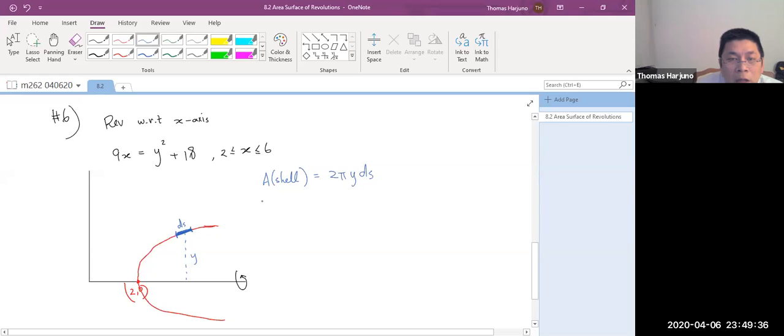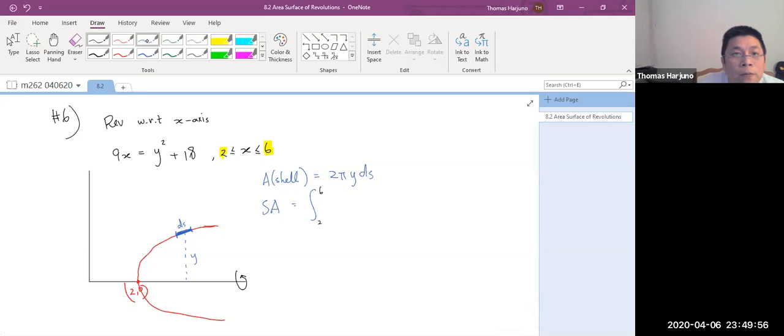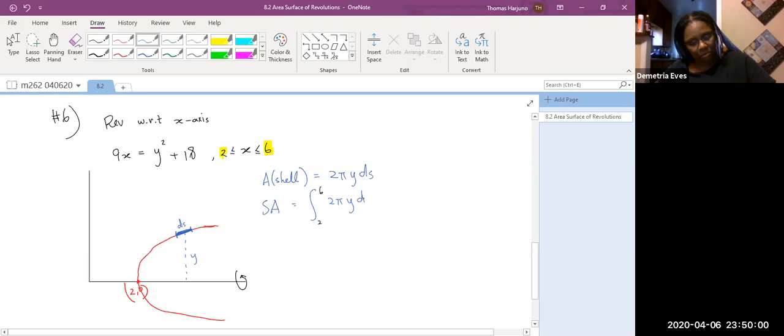Now then the surface area of revolution will be integral from what x to what x? From x equals 2 to x equals 6, right? From 2 to 6 of 2 pi y ds.